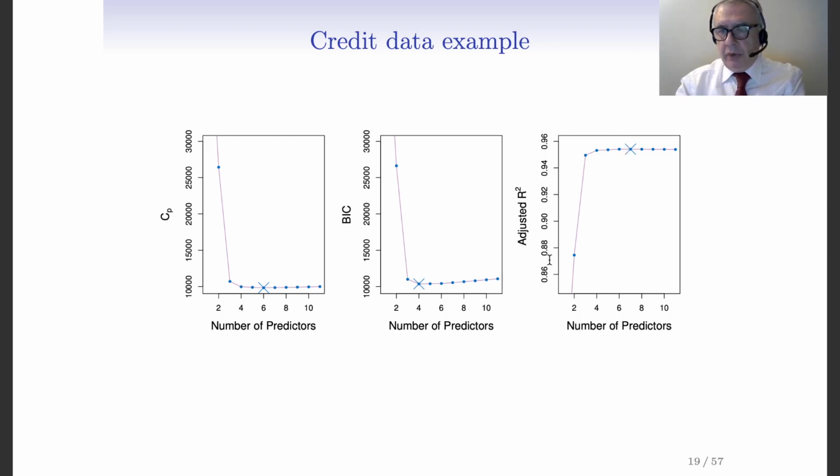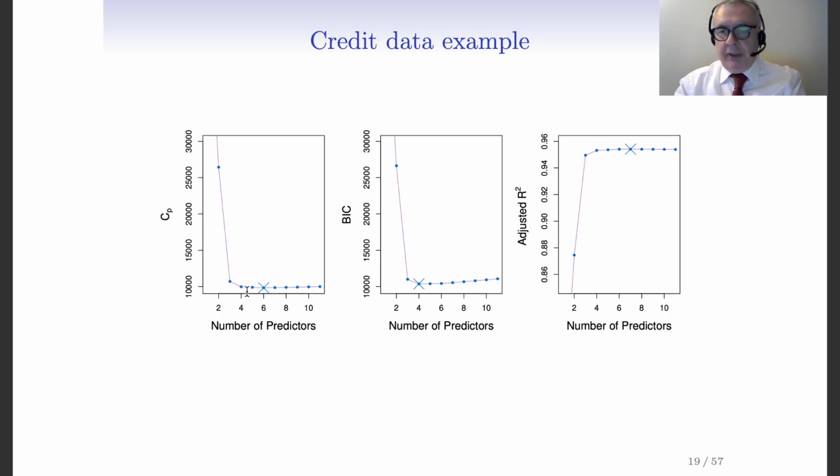You can also see that all 3 methods are quite flat around the minimum, so they give a suggestion, but they also tell you that in this case there is a range of models that are more or less equivalent, so it will not be much different to use 5 or 7 or 6 or even 4 parameters.